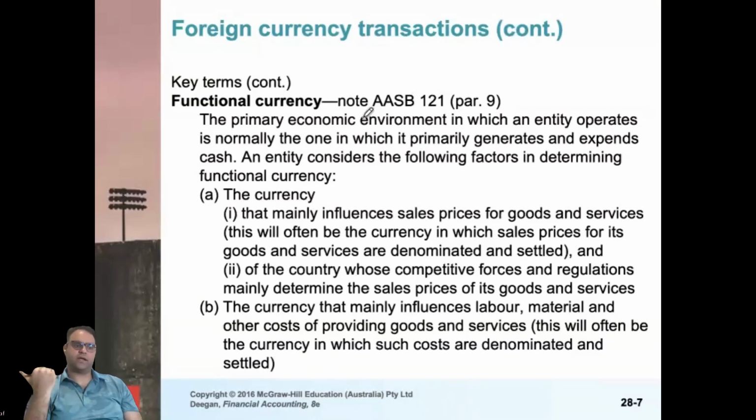So should I write down the Iranian rial, the Turkish lira, the Malaysian ringgit, the Aussie dollar, or the US dollar? So what is a functional currency? They give a definition: when your material, labor, expenses, or your sales are mostly dominated by a certain currency, that will be the functional currency. Like 99% of my sales are in Aussie dollars.